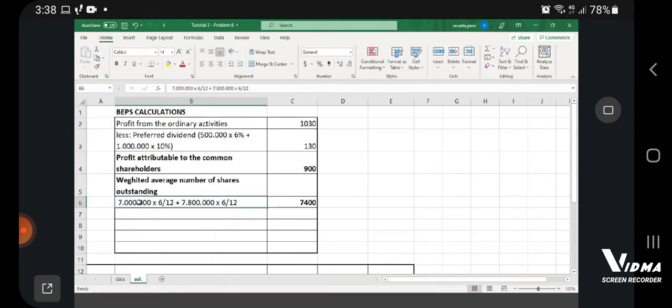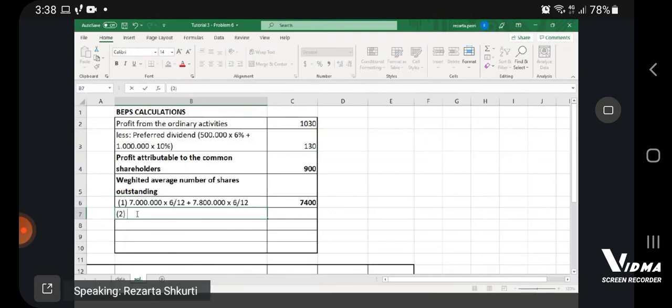This is one way of making the calculations, dear students. You know the other approach, you can follow either of them, it's the same thing. The other approach assumes that the initial amount of shares is outstanding for the whole year, so multiplied by 12 months out of 12, plus the new number of shares, 800,000, which are considered to be around only for 6 months.